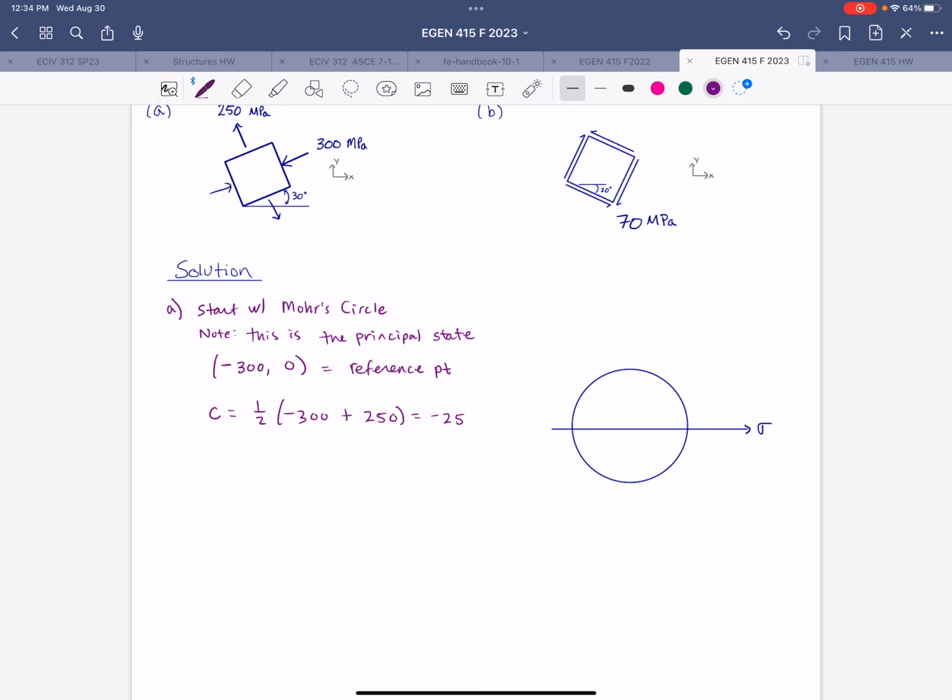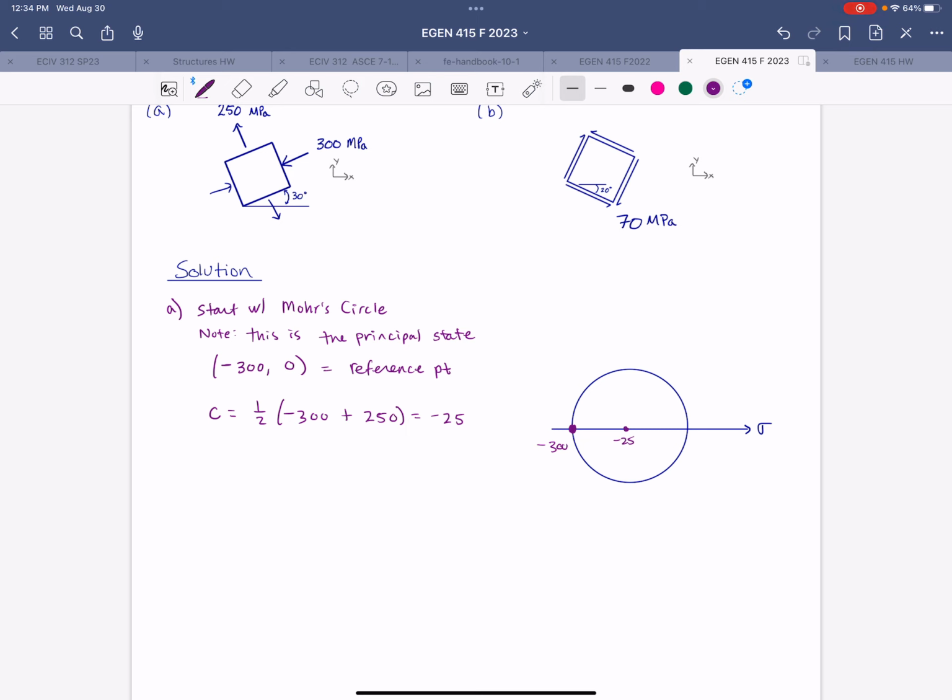So we can go ahead and plot our reference point here. And since our center is negative 25, our reference point is out here.